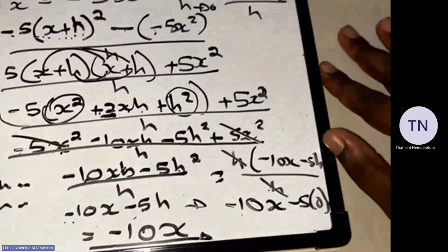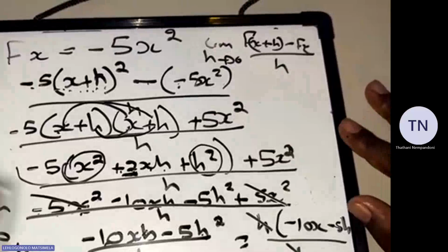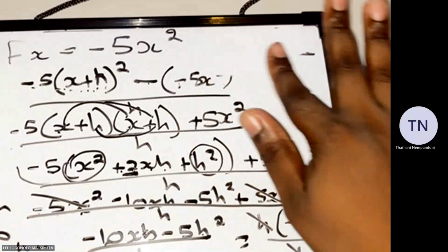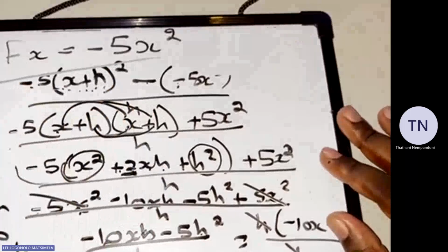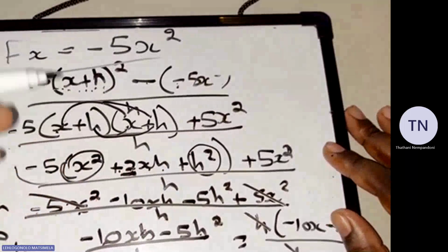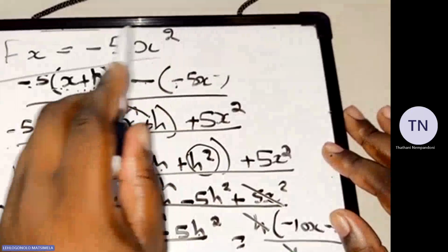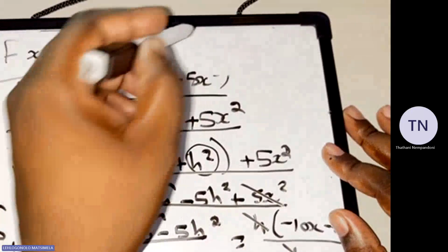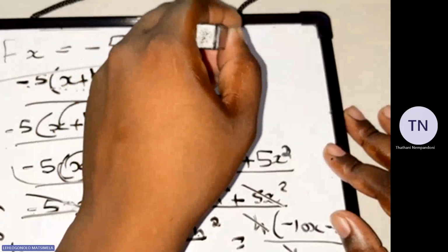Now, if negative 10x is my final answer, let's go back to the original. I will just wrap this part so that we can now differentiate minus 5x squared using our normal formula, not the first principle, which says the exponent multiplied by the coefficient of x, which is 2 multiplied by minus 5, which will give me minus 10.